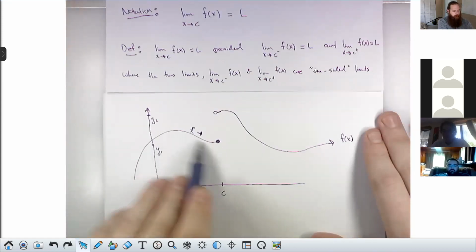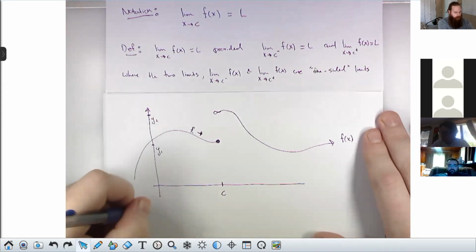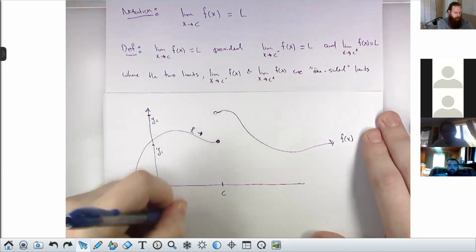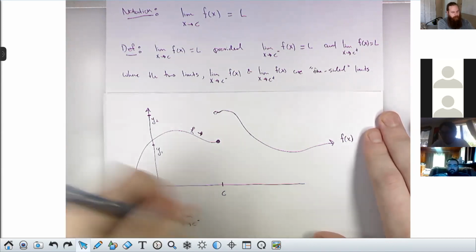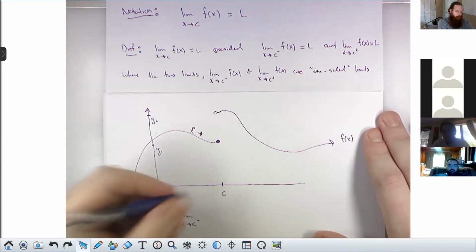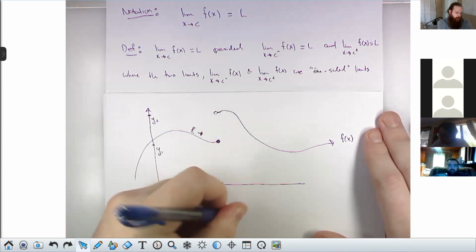Then his y value will be getting closer and closer and closer to y1. So here, the limit as x approaches c from the left of f of x would be equal to y1.